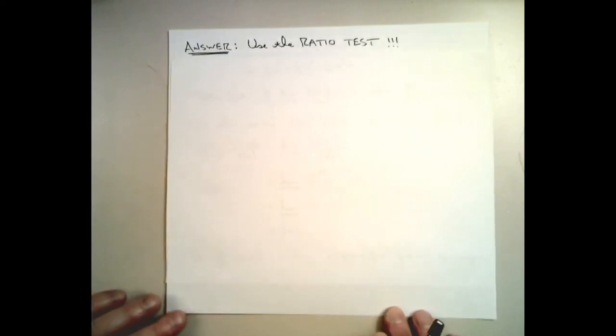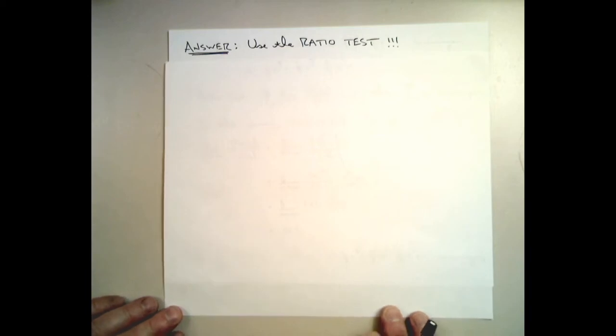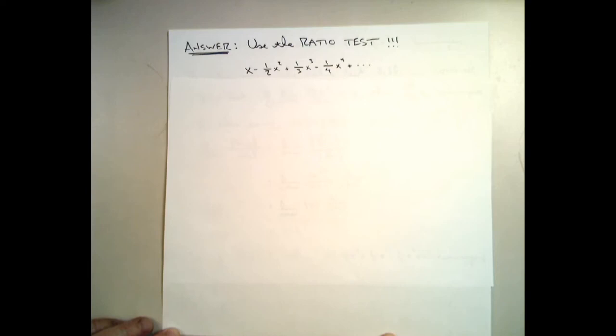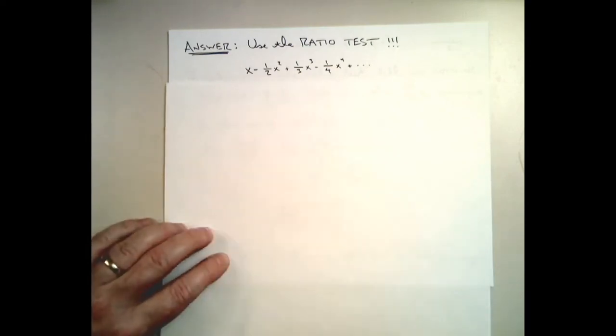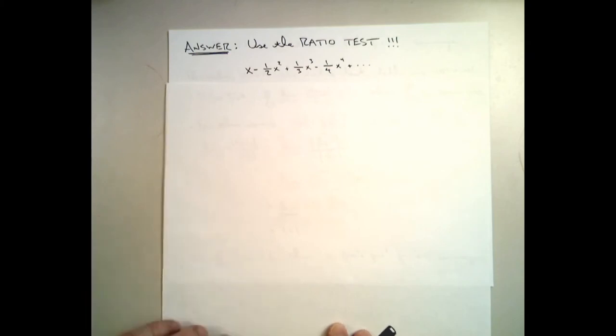And the answer pretty quickly is that we're going to use the ratio test. We're going to use the ratio test to determine the interval on which this series converges.